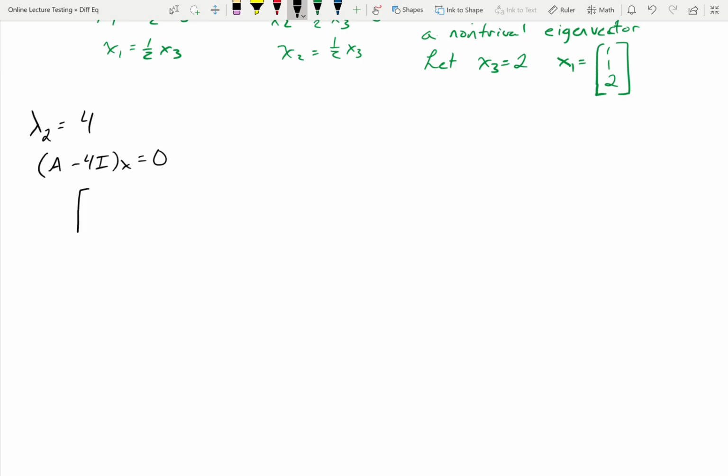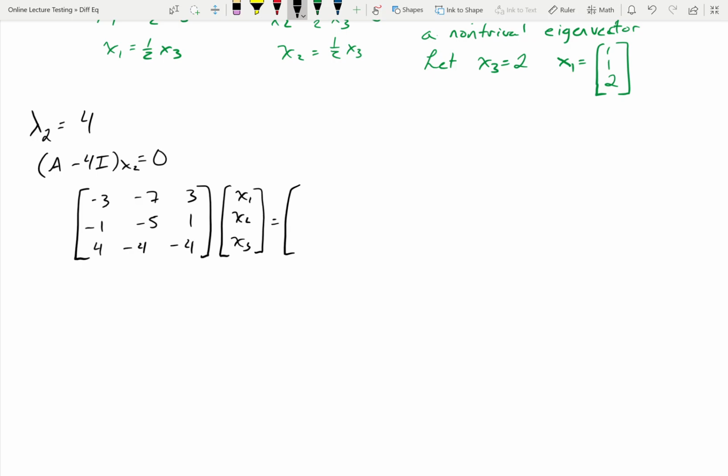So when we subtract 4 from all of those diagonal entries, we get -3, -7, 3; -1, -5, 1; 4, -4, -4, multiplied by x1, x2, x3, which is equal to 0, 0, 0.